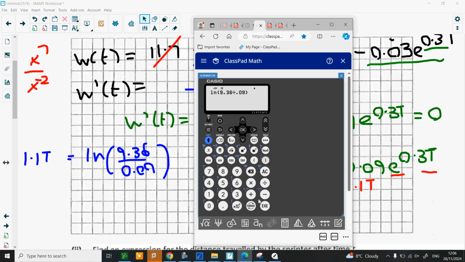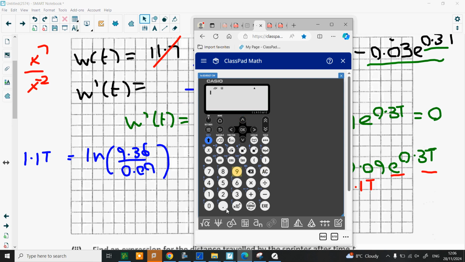Okay. Whatever that answer is, I'm going to have to divide it by 1.1, haven't I? 4.22? No. Something went wrong. Did I enter the ln wrong?